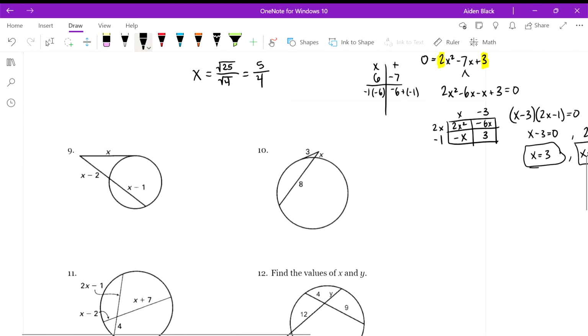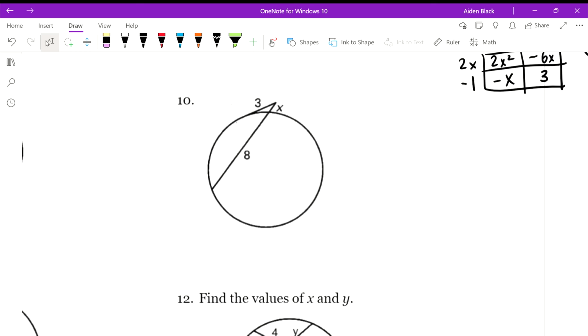Alright, right here, number 10, we have a tangent secant. You see, this is the tangent, 3, and then we have the secant segment. So we'll use the tangent secant power theorem.